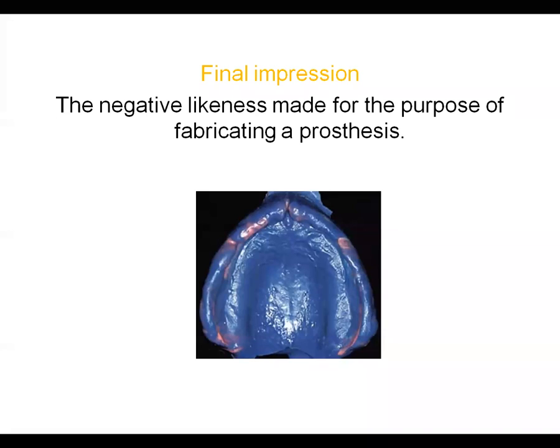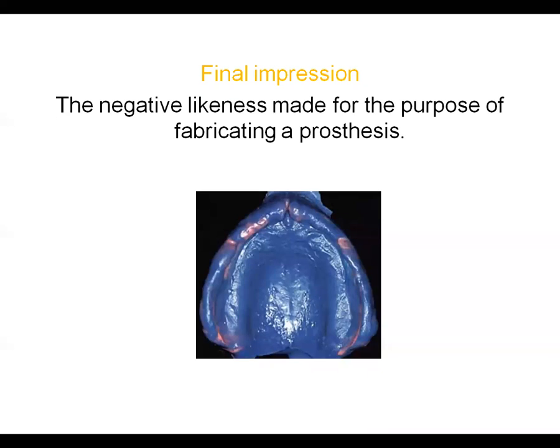All borders of our custom tray we have molded properly with the help of our green stick compound. And afterward, we remove that spacer to create a space for our impression material and make a good final impression.